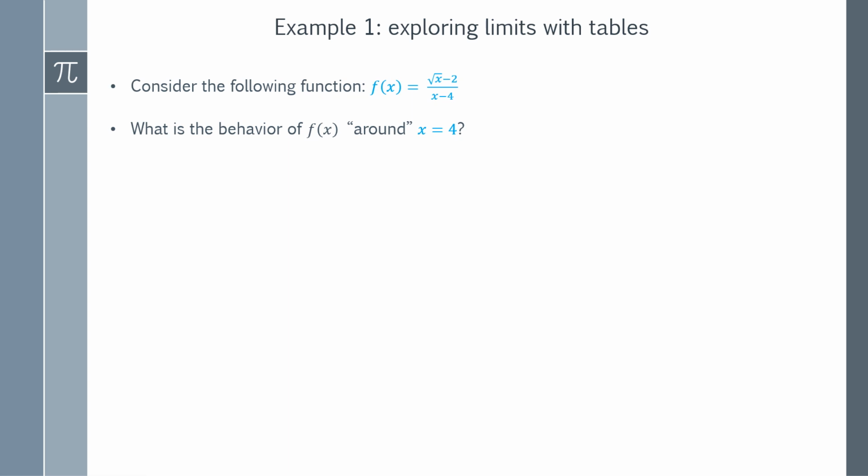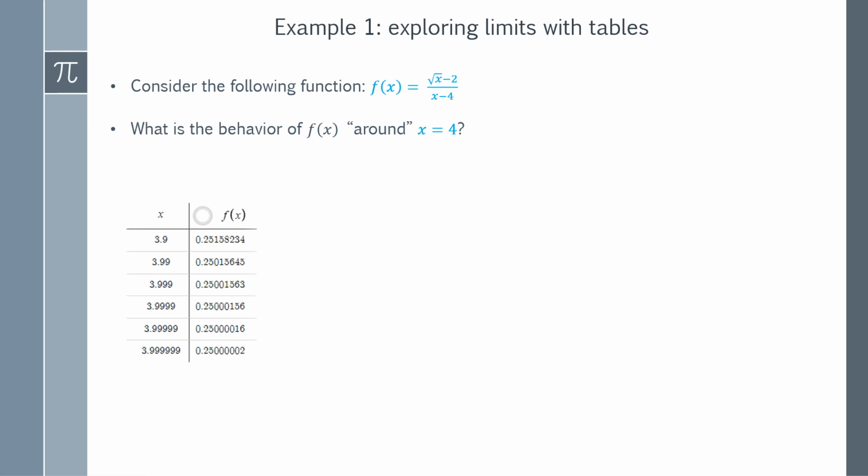So let's go ahead and take a look at the following table. Here on the left column represents values of x such that we start with 3.9, which is to the left of 4, and we are increasing the values of x, approaching x is equal to 4 from the left.